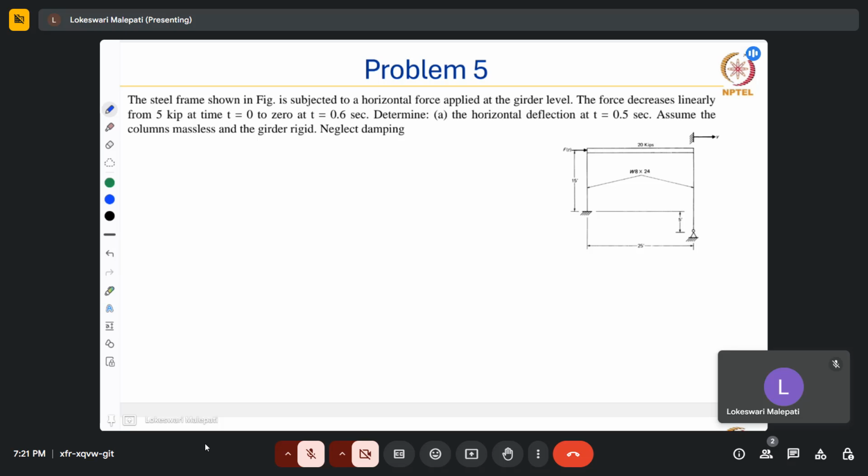Determine the horizontal deflection at t equal to 0.5 seconds. Assume the columns are massless and the girder rigid. Neglect damping. This situation is similar to the previous one, except that we have a different kind of pulse, which is not standard.